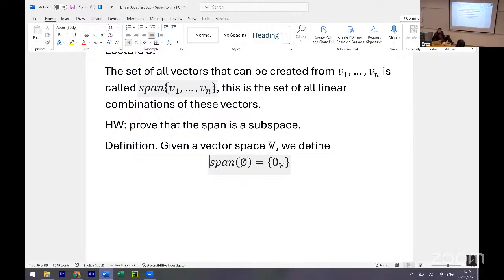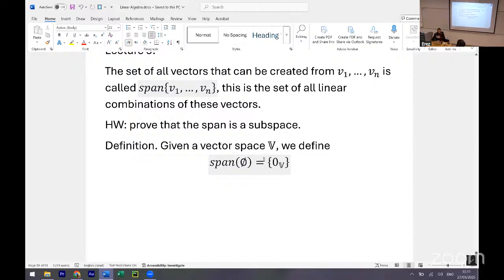For instance, what is the idea behind dimension? It's the number of vectors needed to create something. In order to create a line, how many vectors do you need? One, so it's one-dimensional. In order to create a plane, you need two vectors, so it's two-dimensional.